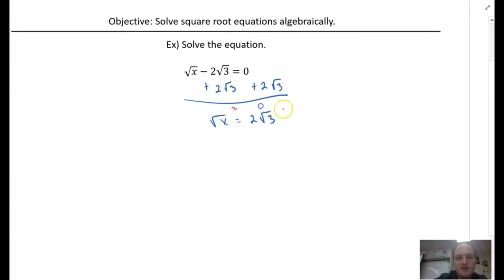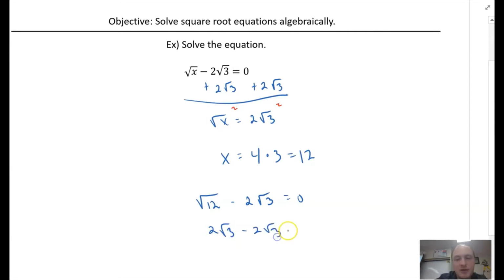We'll square both sides, giving us x is equal to 4 times root 3 squared, so that's 3, which is 12. I'm going to check. I'll plug in the square root of 12 minus 2 root 3. Does this equal 0? Well, root 12 is 2 root 3, and 2 root 3 minus 2 root 3 is 0, yep, left side is equal to the right side. Check. So our solution is x equals 12.